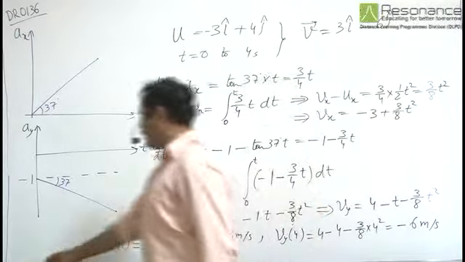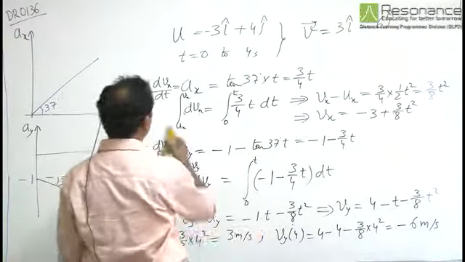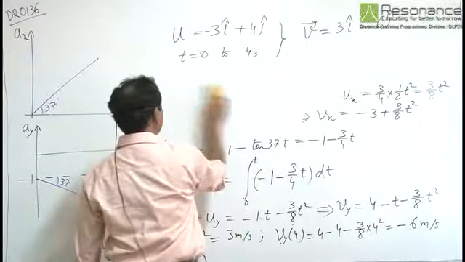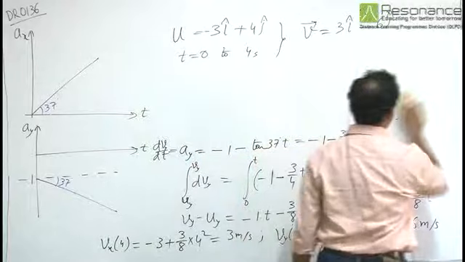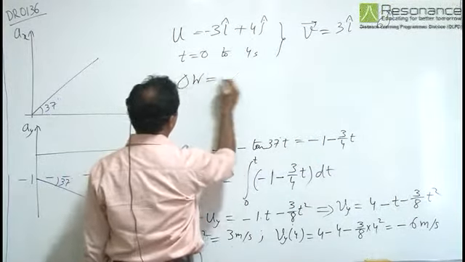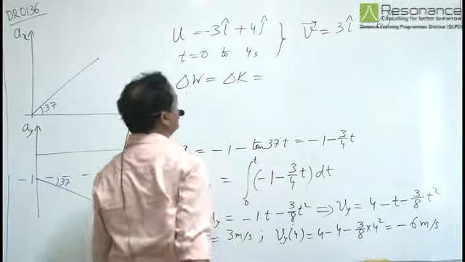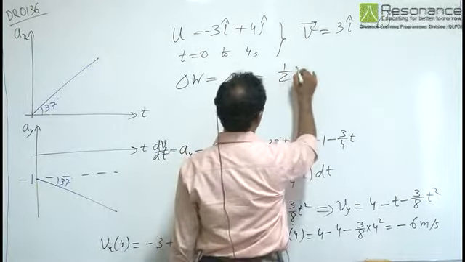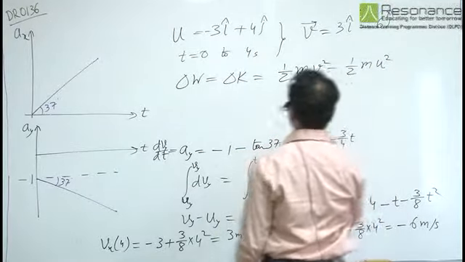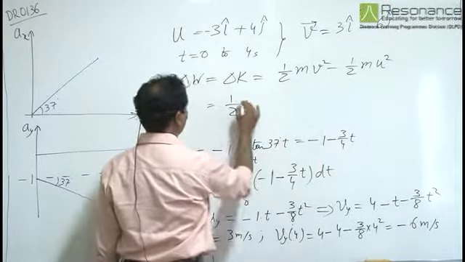So now the change in kinetic energy is equal to work done. To find the work done, delta W is equal to delta K, that is half m v square minus half m u square, that is equal to half.